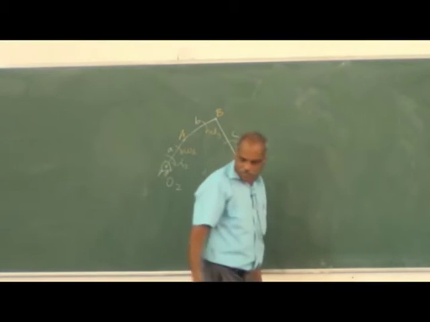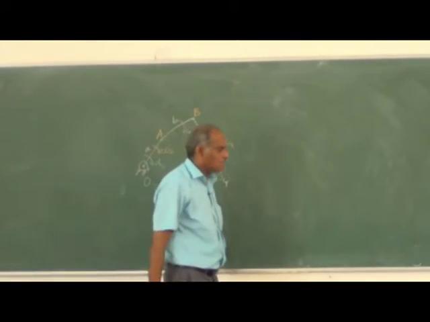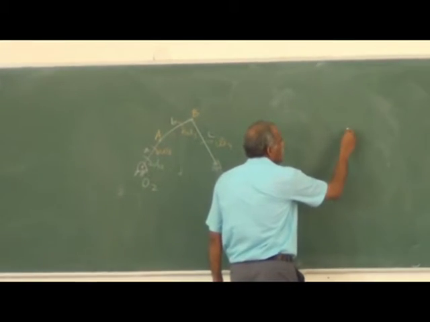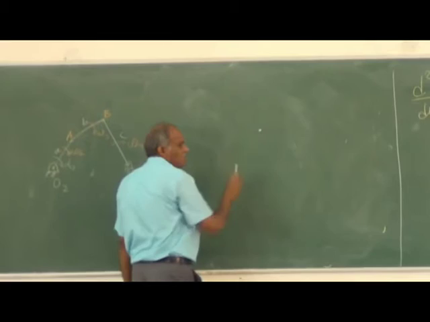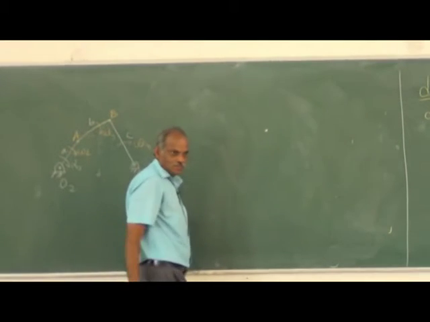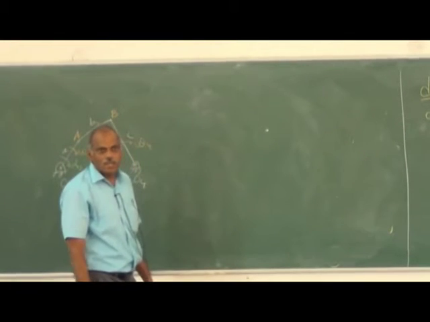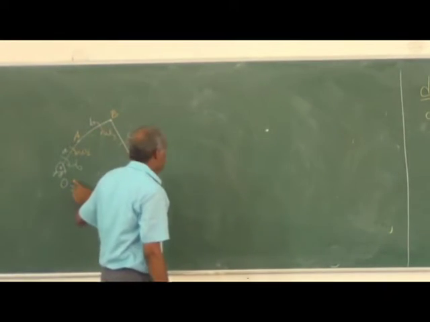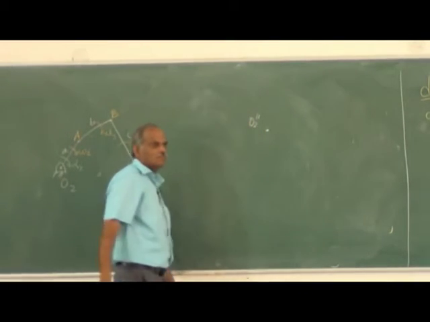As I said, the beginning of the acceleration diagram or velocity diagram is by putting a dot. This dot has zero acceleration. This dot is nothing but the grounded link. So this point is O2 double dash.